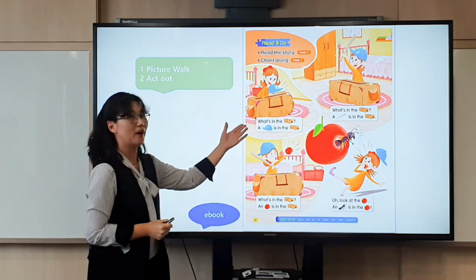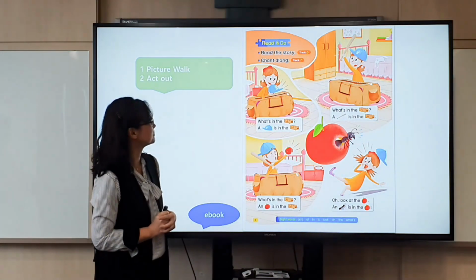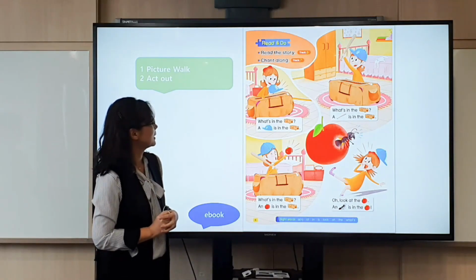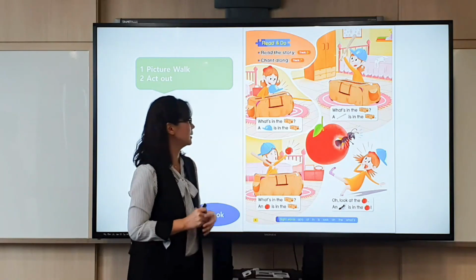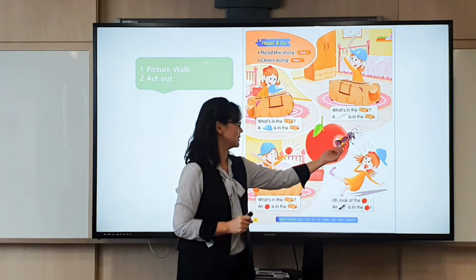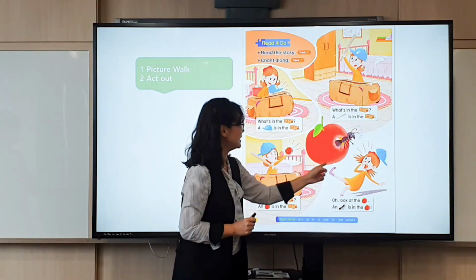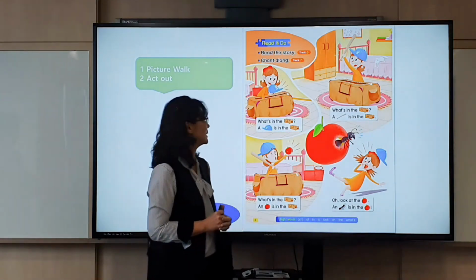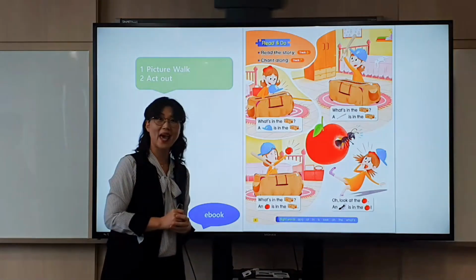So, look at the picture first. What can you see in the picture? Can you see the apple? Yes, there's an apple. And what's this? It's an ant, right? The ant is in the apple. And what's this? It's a cat.